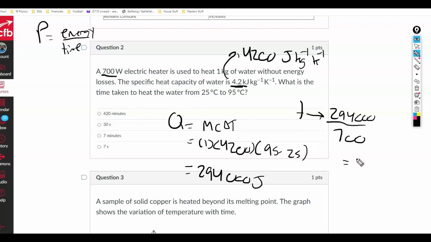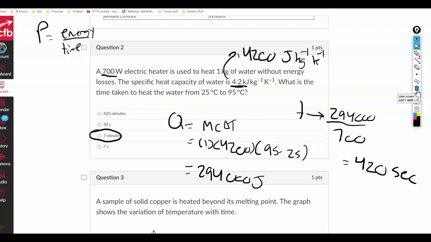Okay, and so if you do that, you should get 420 seconds. Okay, but 420 seconds is not one of the answer choices. The answer choice, if you convert 420 seconds into minutes by dividing by 60, then you actually get 7 minutes. And that should be the correct answer to the question. So pause it there if you need to look at this more.